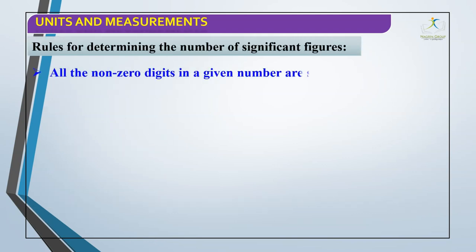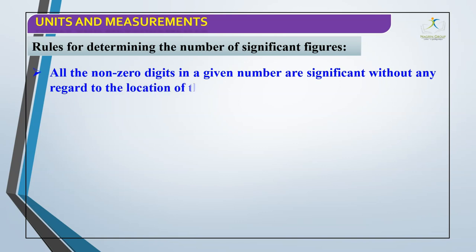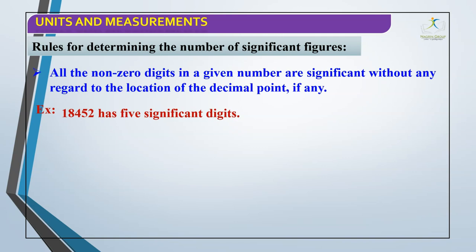Now the rules for determining the number of significant figures. First, all the non-zero digits in a given number are significant without any regard to the location of the decimal point, if any. For example, 18452 has 5 significant digits because we can easily count it.